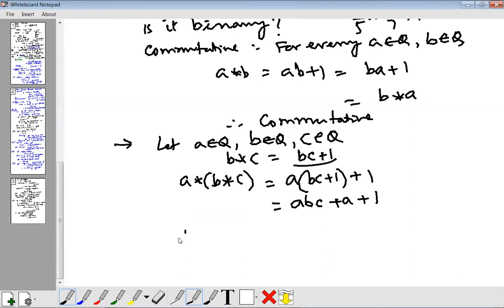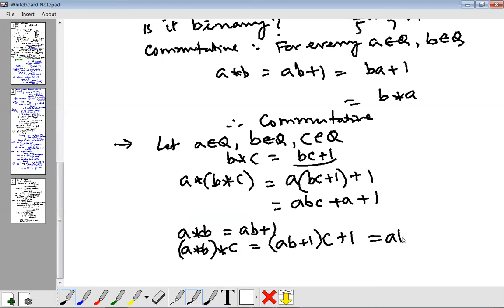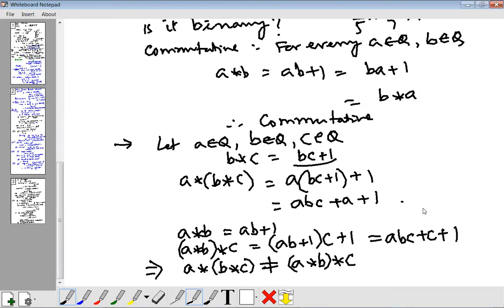Now a star b equals ab plus 1, and (a star b) star c equals (ab plus 1) multiplied by c, plus 1, which equals abc plus c plus 1. So a star (b star c) is not equal to (a star b) star c, because these two are not equal. Therefore, not associative.